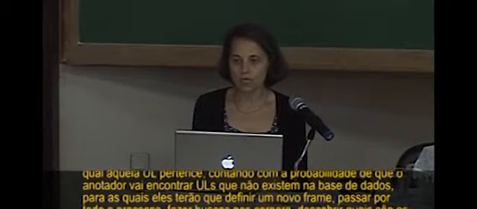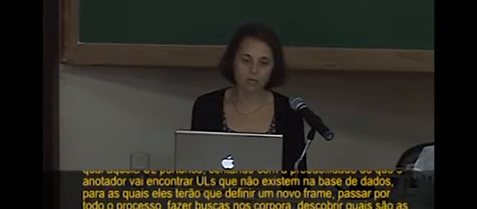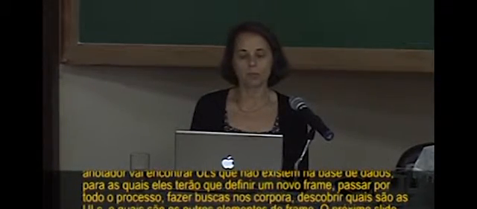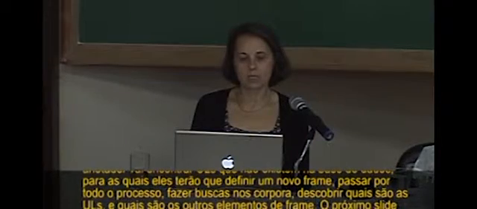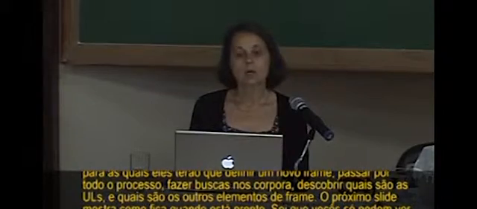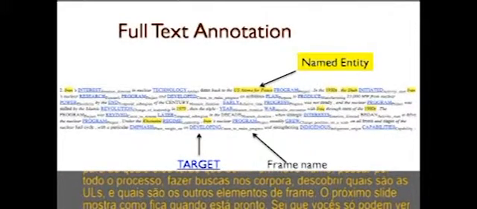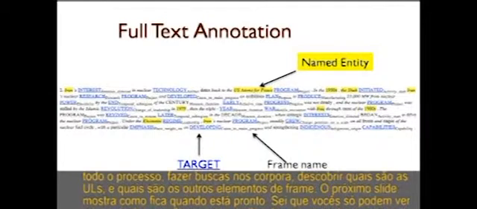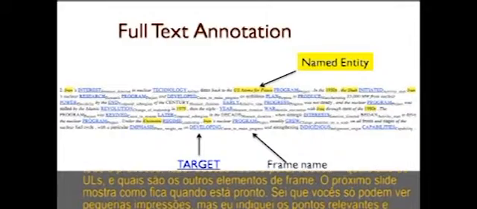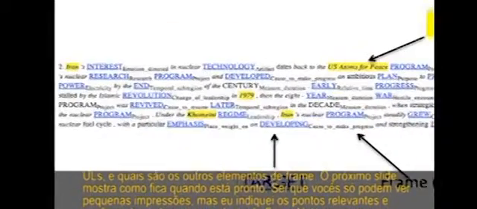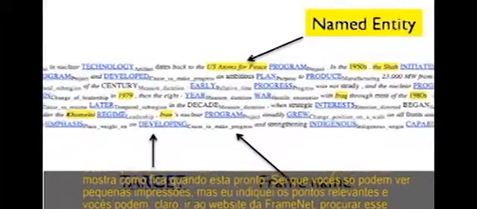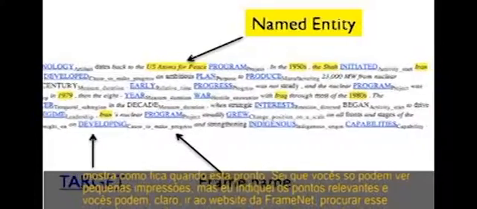Okay, so the next slide shows you what that looks like when it's done. I realize you can't see the small print, but I've indicated the relevant pieces, and you can, of course, go to the FrameNet website and look at this and see not just what it looks like, but what kind of information is provided.